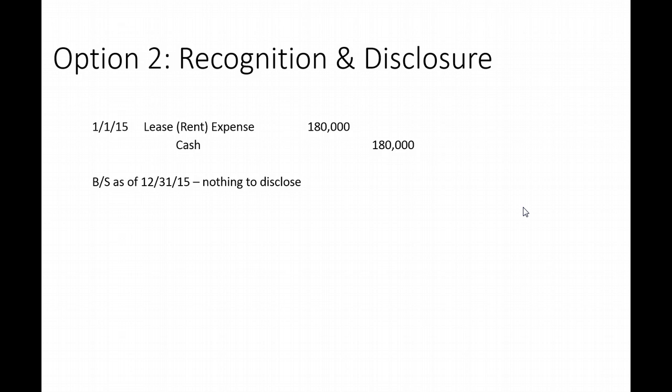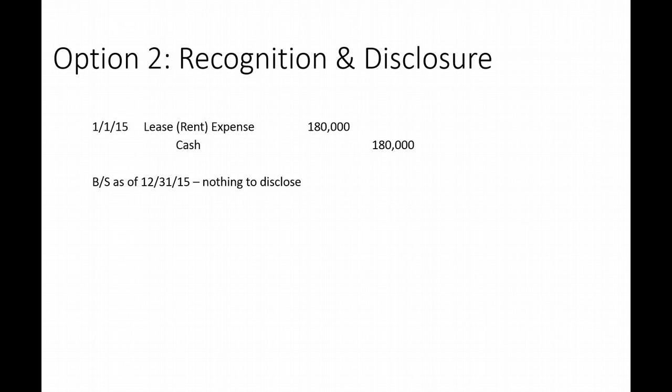That's why these are sometimes referred to as off-balance sheet financing, because we have the use of an asset for 3 years. We're paying for the use of that asset, but it doesn't appear on the balance sheet. And that's where the phrase off-balance sheet financing comes from.